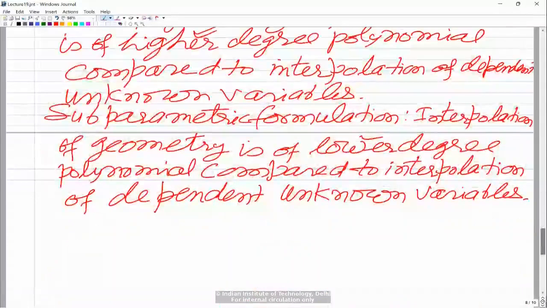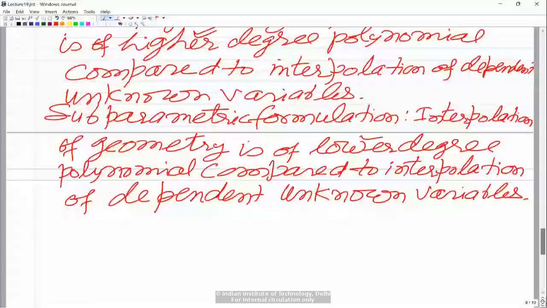And subparametric and superparametric are used if the geometry is simple but the variation of the dependent variable is quite complicated, then use subparametric formulation. And if the geometry is complex but the unknown variables are varying quite smoothly and linearly, let's say, then use the superparametric formulation.